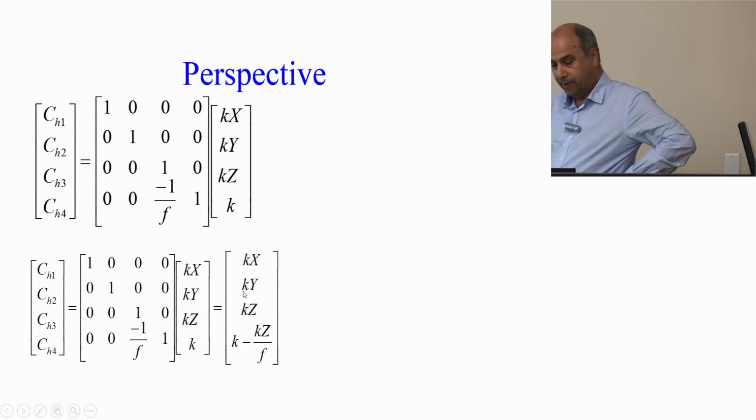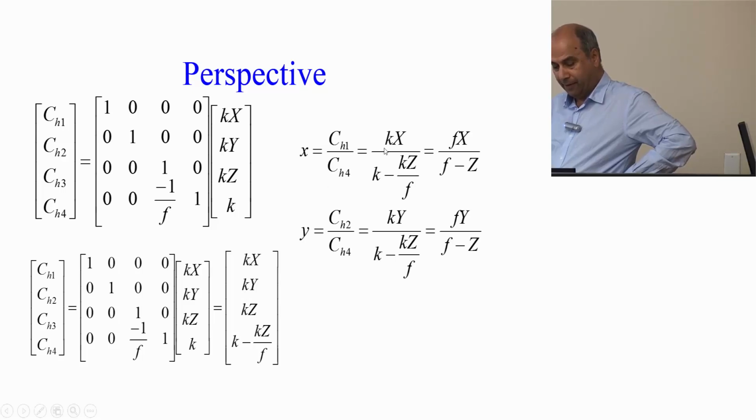Okay, so let's do that. So if I do that, kx divided by this, which is here, so then I can take the f on the numerator, and this k will cancel because k is common in those, so it becomes f minus z and fx.